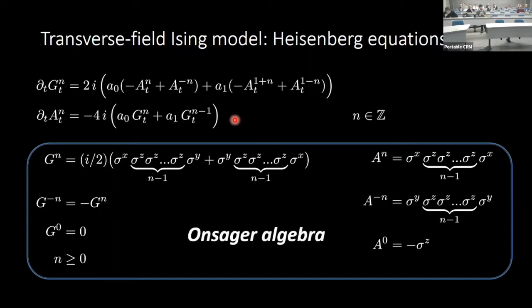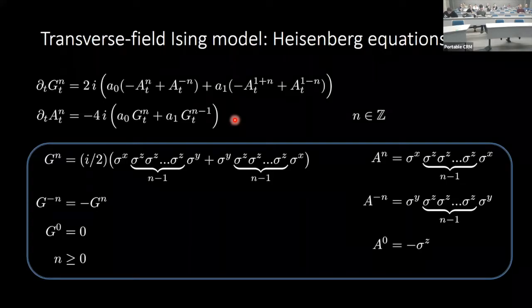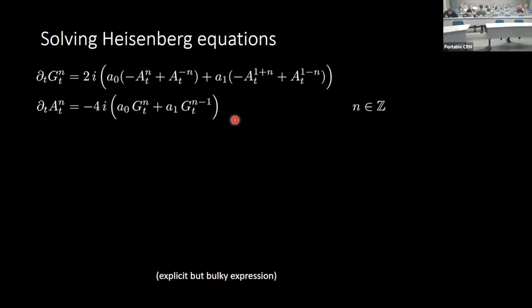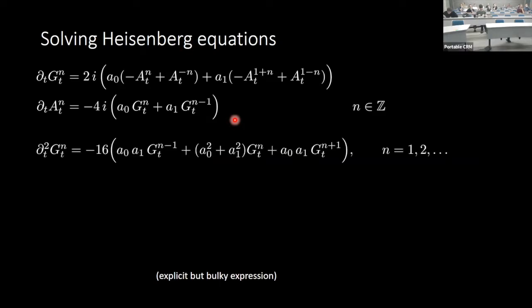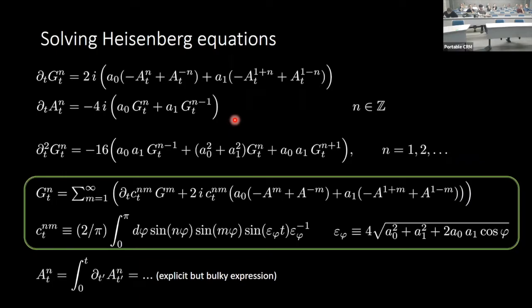And of course, all of you can recognize a representation of the Onsager algebra here, but we pretend that we know nothing about the Onsager algebra. Now, these Heisenberg equations can be solved, and I will probably skip the technicalities and just show you the result. So the result looks as follows. The Heisenberg operator for Gn is a linear combination of Schrödinger operators Gm, Am, A minus m, with time-dependent coefficients.